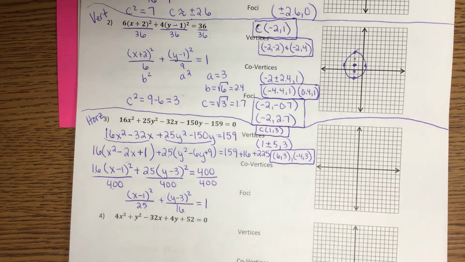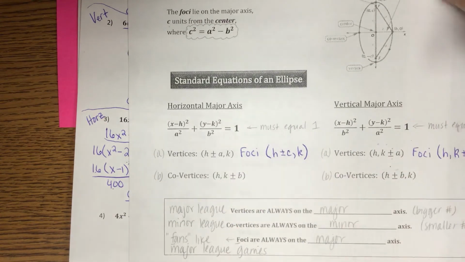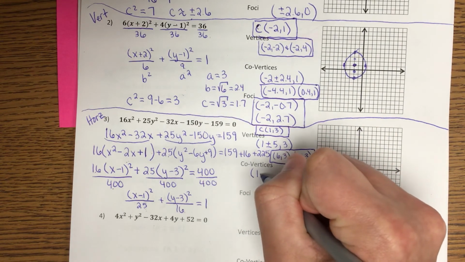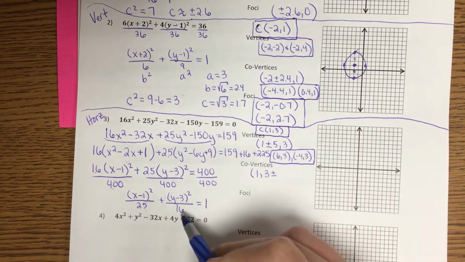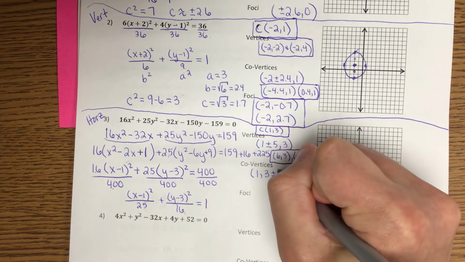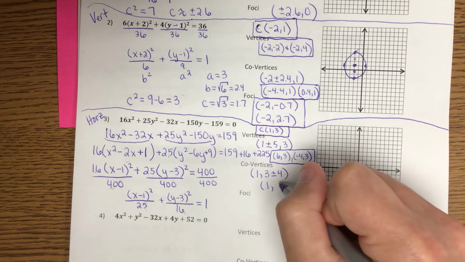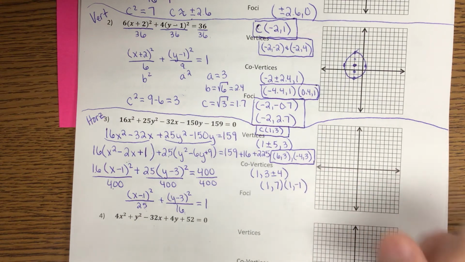The covertices would be found, if I go back to my table, this one is h, comma, k plus or minus b. b would be 4. So then that would give us 1, comma, 7 and 1, comma, negative 1.